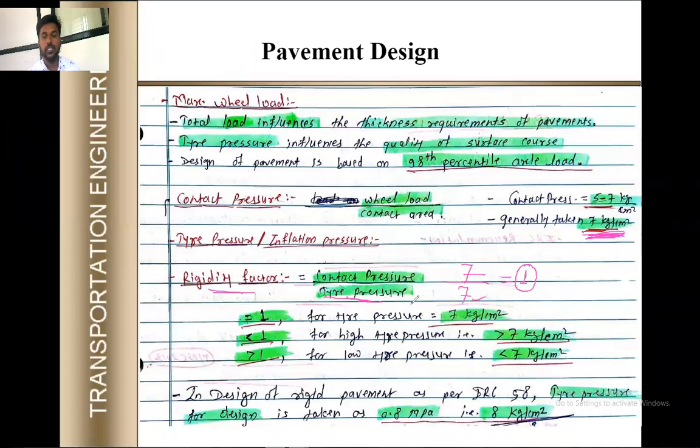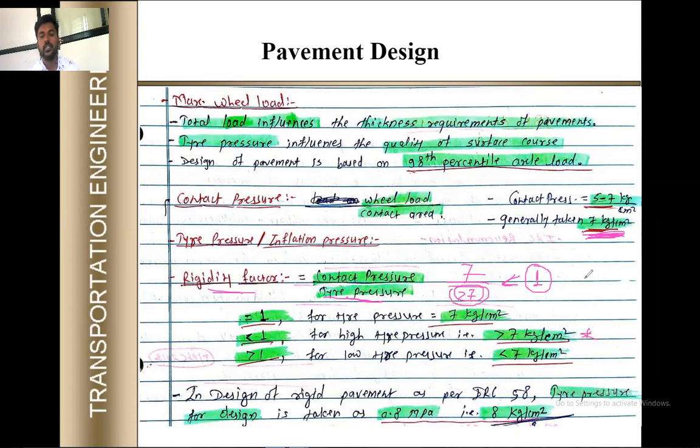When this rigidity factor is less than 1, then the denominator is greater than 7. It will be 8, 9, 10. So when this ratio is less than 1, it indicates the tire pressure is greater than 7.